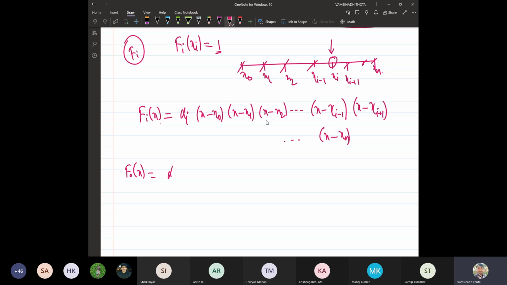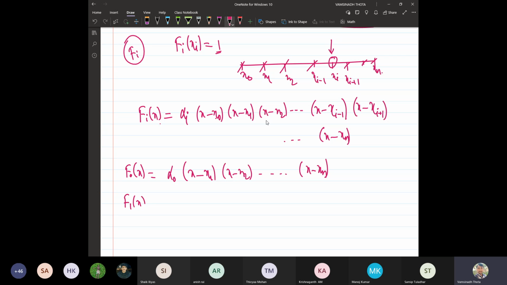Alpha0 f0 of x, that is alpha0 times, at x0, f0(x0) is a non-zero number. So x0 is not a root for f0. So it will start from x minus x1, x minus x2, and so on, x minus xn.